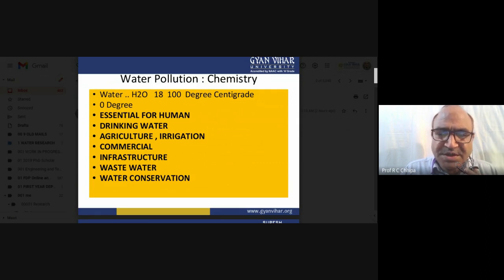The 18 is the molecular weight, because two hydrogens are there, the atomic weight of two hydrogens is 2, and the atomic weight of oxygen is 16. So 16 plus 2, 18, is the molecular weight of water.